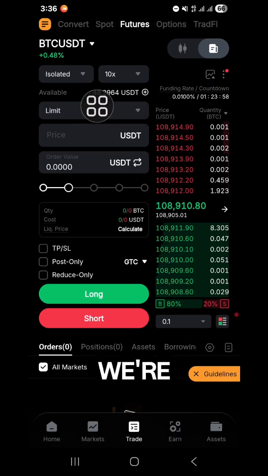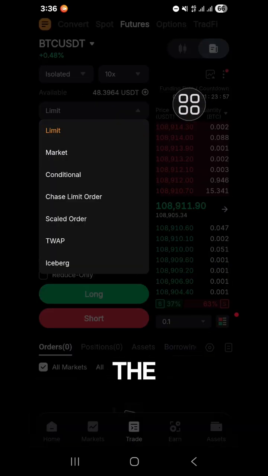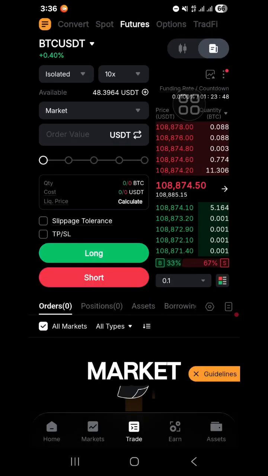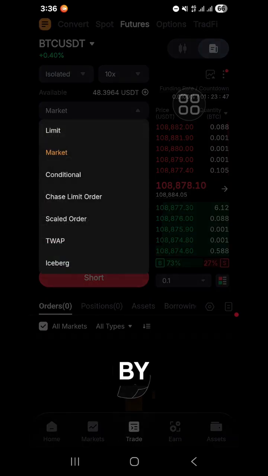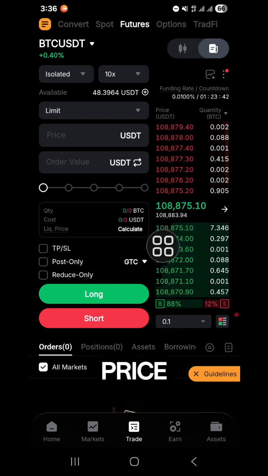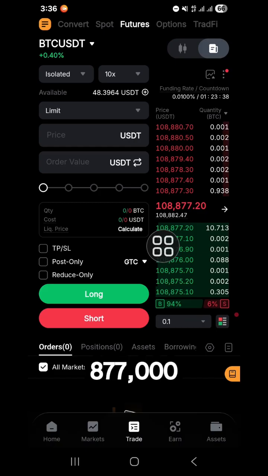Then in this place, we're going to select the order. We have the limit order, the market order, conditional, and all of that. The most popular ones are the limit order and the market order. Now, let me start by explaining the limit order. Right now, Bitcoin price is about 108,877.